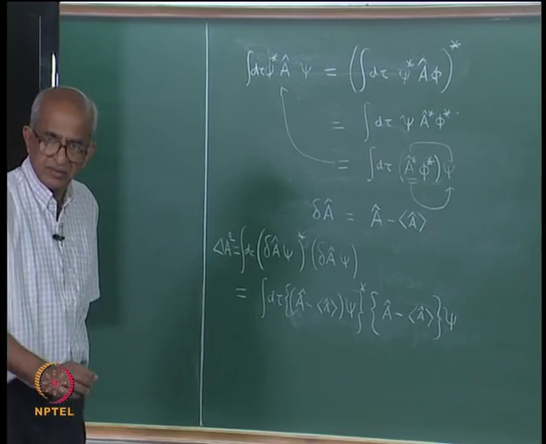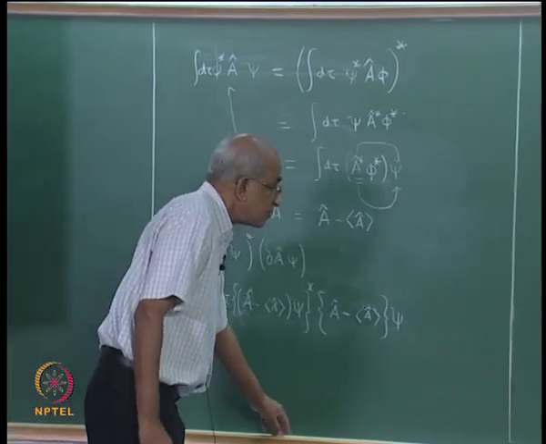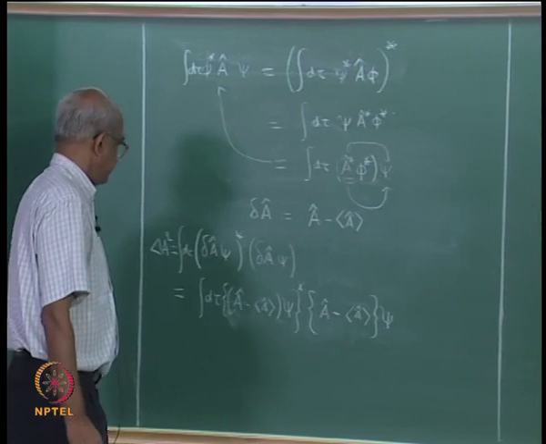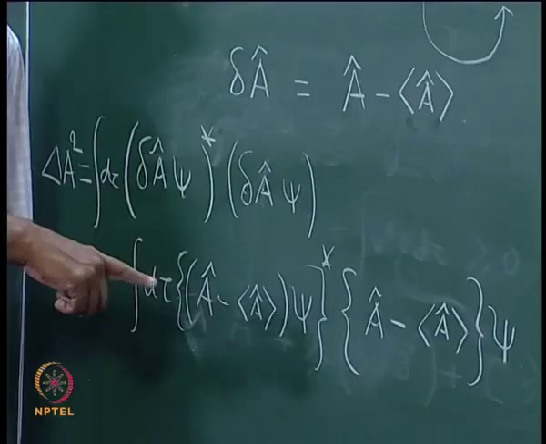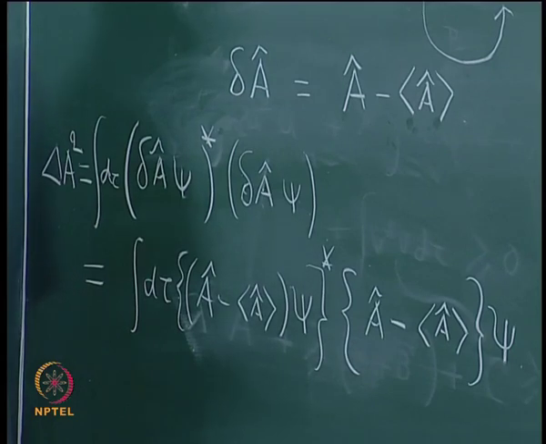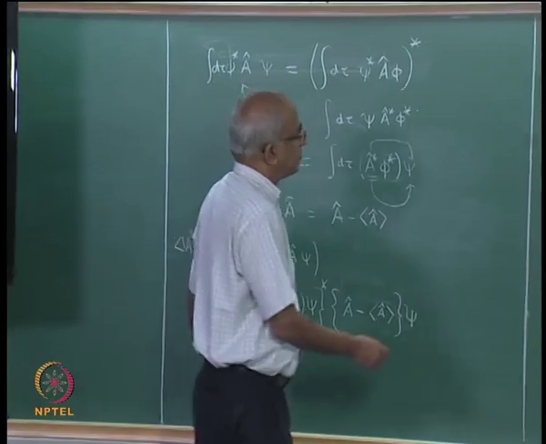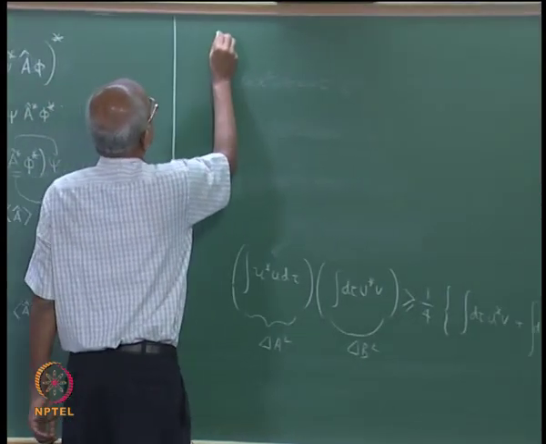Right. So, if you multiply this out you will realize that there are 4 terms there, correct. There are 4 terms. Let me look at the terms. So, the first term will look like what?